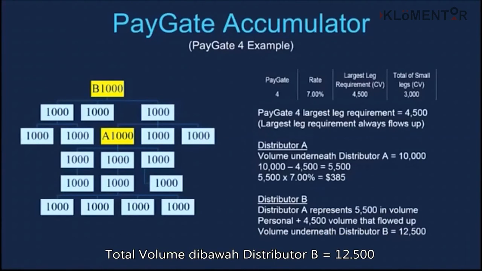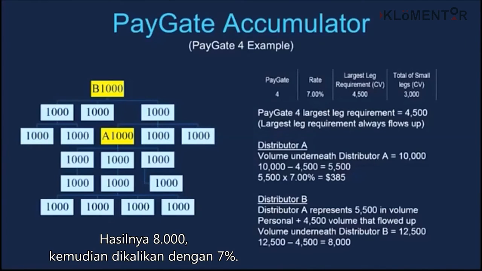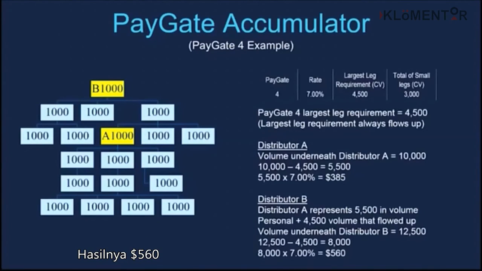So in total, there's 12,500 total volume underneath distributor B. We take that 12,500 and we subtract the largest leg requirement for Paygate 4, which is 4,500, and we are left with 8,000 in volume. It's that 8,000 that is then multiplied by 7%, which is the Paygate 4 rate percentage, to give us $560.